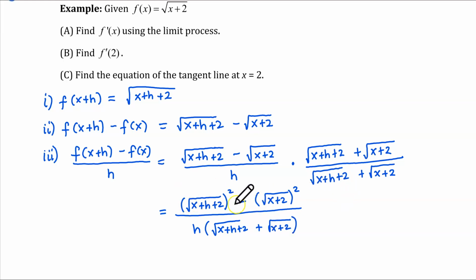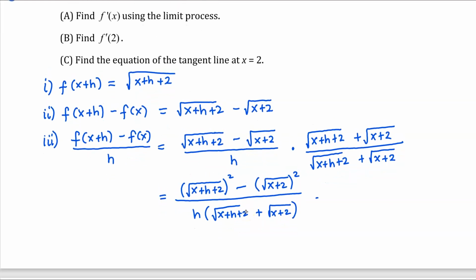Now, when you square this, the square root will just cancel out. So we have x plus h plus 2 minus, and then you remove the square root here, quantity x plus 2, divided by h times the square root of x plus h plus 2 plus the square root of x plus 2.